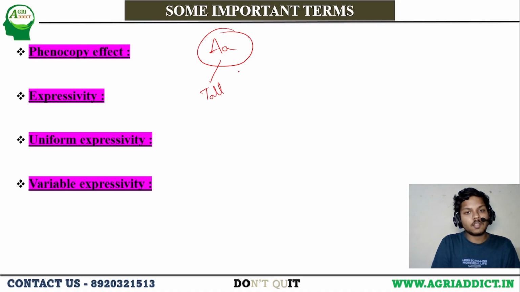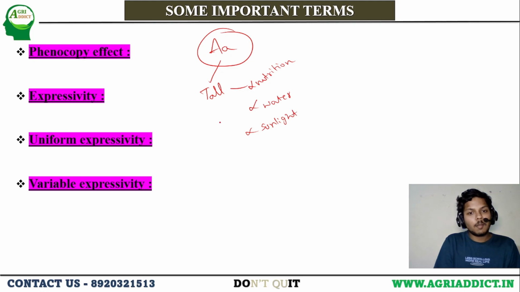For example, let us assume that the plant should show tall. But if the plant is lacking nutrition, water, sunlight, then the plant will show dwarf.